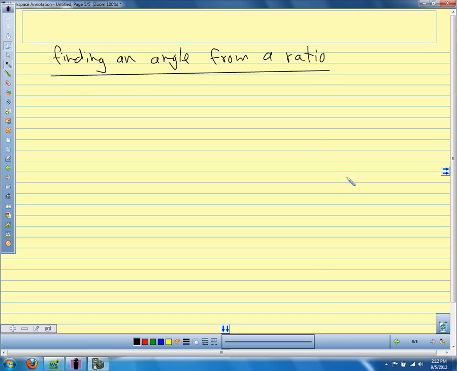We're going to be doing this a lot, finding an angle from a ratio. An example of that is if the problem says we have the sine of theta equals 0.357. And we want to know what our angle is.